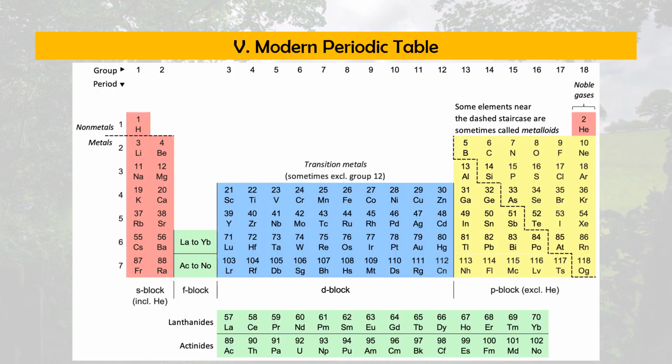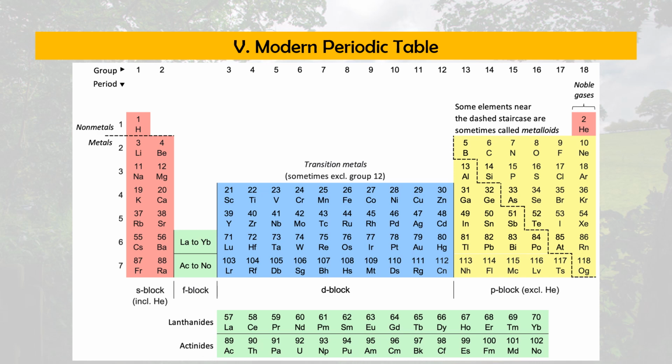Now, this is the final and accepted modern periodic table, and it took a very long time to make it perfect. Here it is the long form of the periodic table of elements, and it is based on the Bohr-Bury concept of electronic configuration.